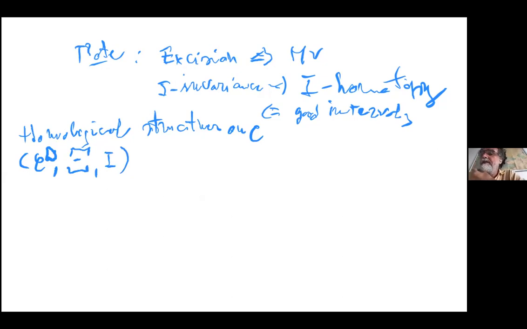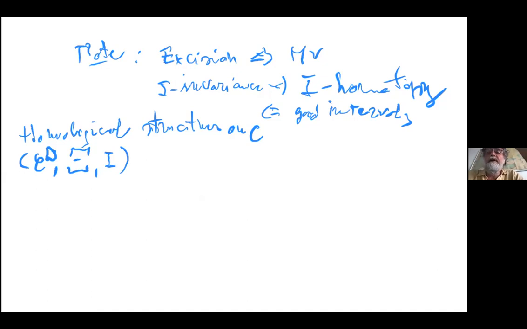And every category has a homological structure. So it's not at all restrictive, because, for example, if I have a category with a final object, I can take I to be the final object. The interval can be the final object. Then the homotopy is equality of maps.